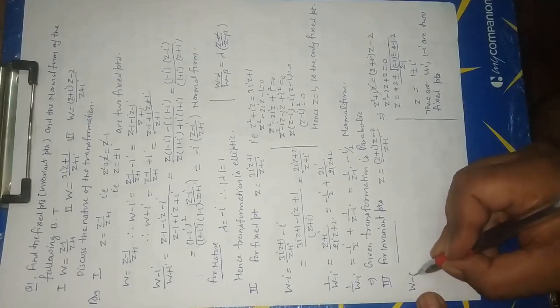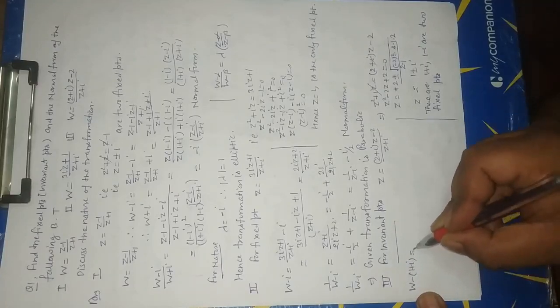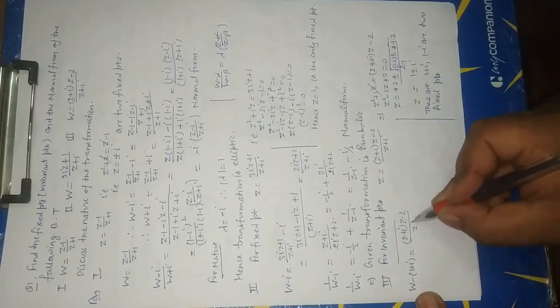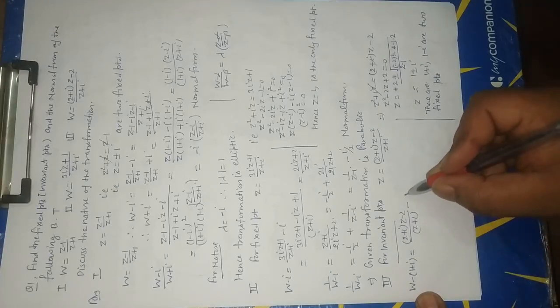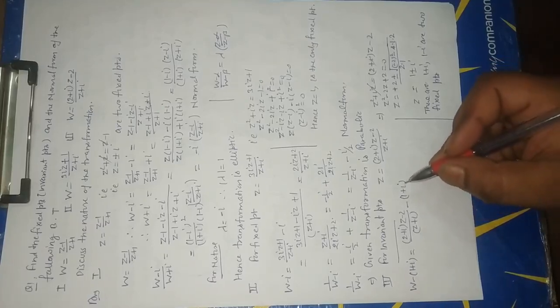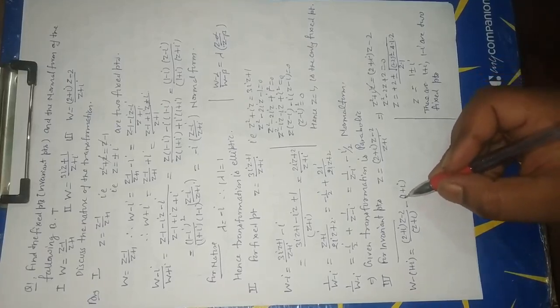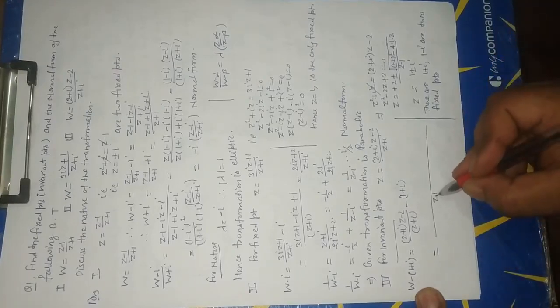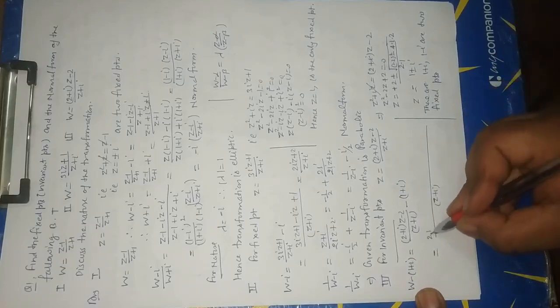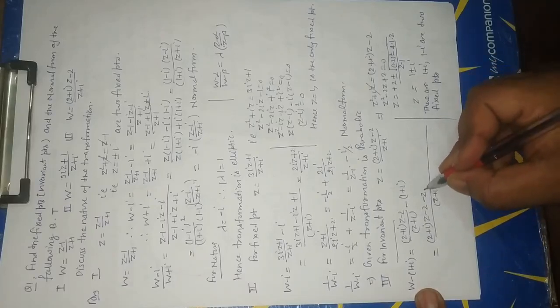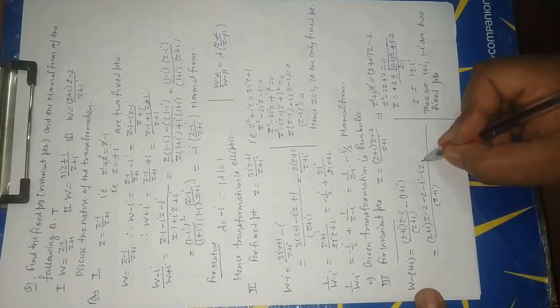W minus (1 plus i) equals (2 plus i) z minus 2 upon z plus i, minus (1 plus i). Now taking LCM, we get z plus i as LCM, (2 plus i) into (z minus 2) minus z minus i minus iz plus 1.